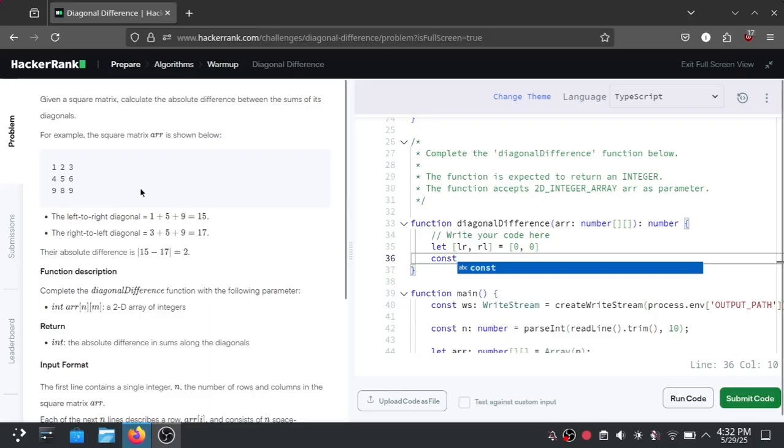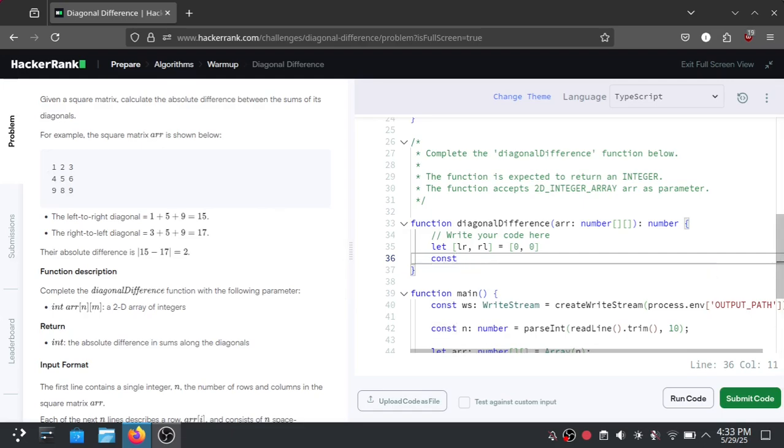We don't have to define the complete two-dimensional array length. Since it's a square matrix, we are just using the I, or the first dimension, as the length of the array, called n, and then using the parameter of the two-dimensional array, the array length, which is 3.